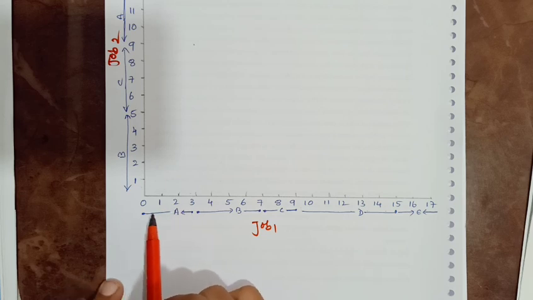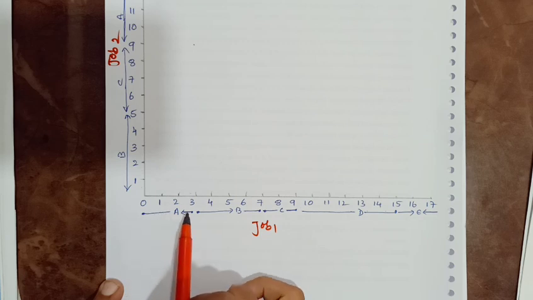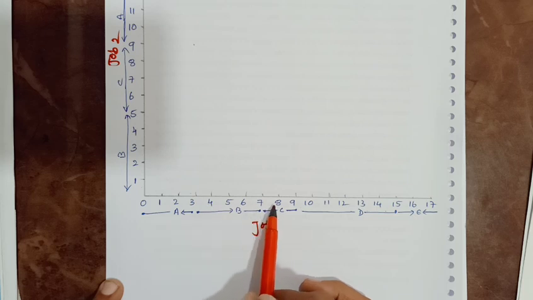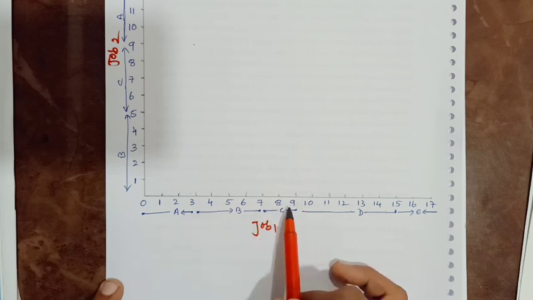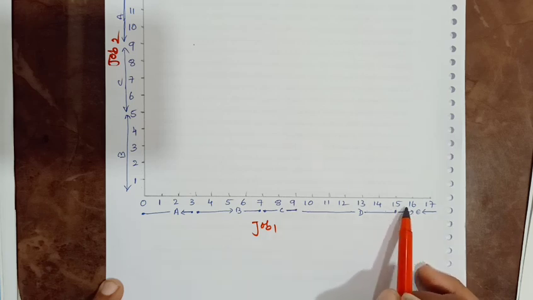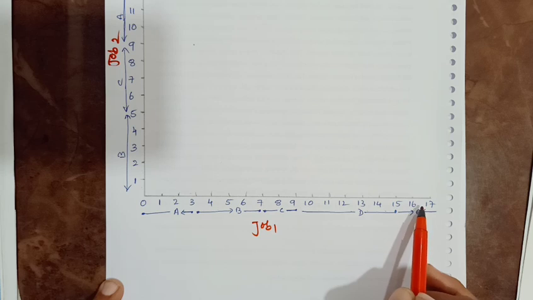So A is taking 3 hours, B is taking 4 hours, C is taking 2 hours, D is taking 6 hours, and E is taking 2 hours.